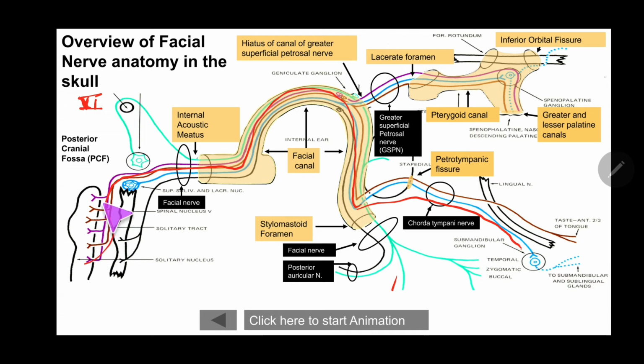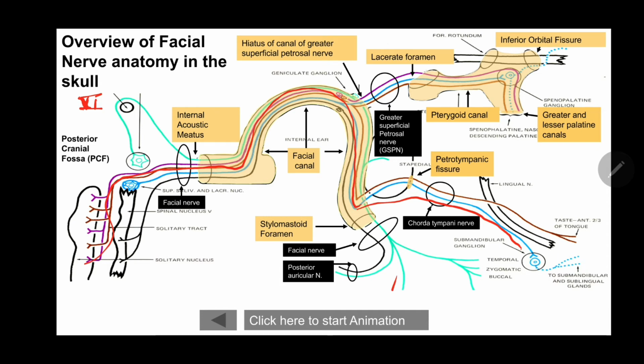So these sensations will relay in the upper portion of the nucleus tractus solitarius. Similarly, taste sensations from the anterior two-thirds of the tongue will be brought in by the chorda tympani. Except the circumvallate papillae, they will be brought in via the chorda tympani, and they also will reach the upper portion of the nucleus tractus solitarius.